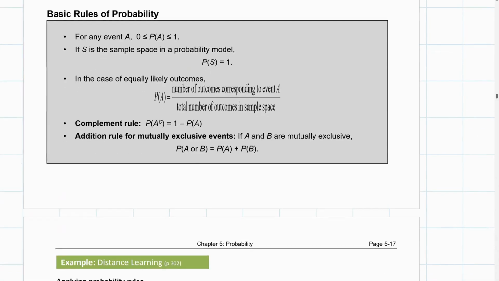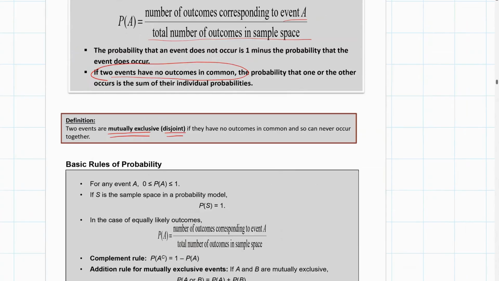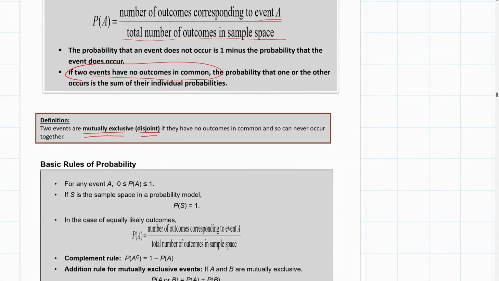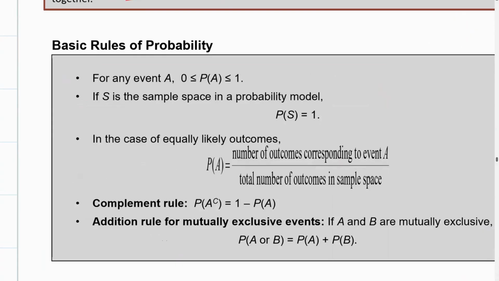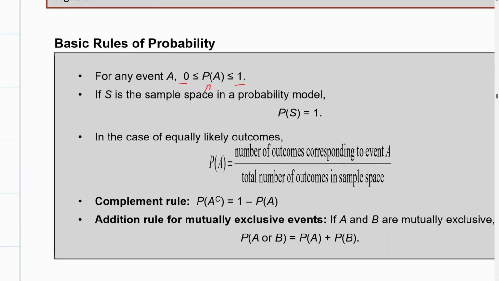Because mathematicians are lazy, we have a tendency to take all those ideas that we just talked about and write them in more cryptic symbols. For example, the probability of A is some number between 0 and 1. The probability of the sample space is 1, the list of all possible events.